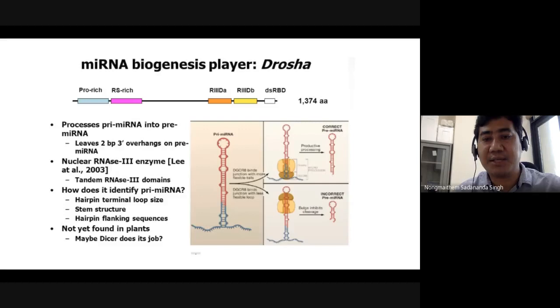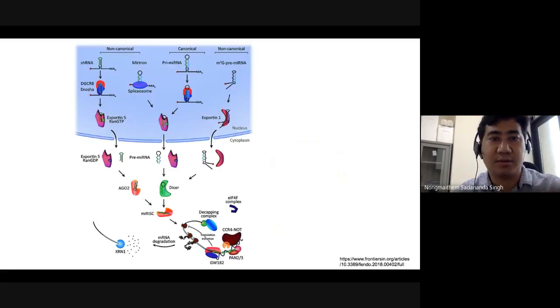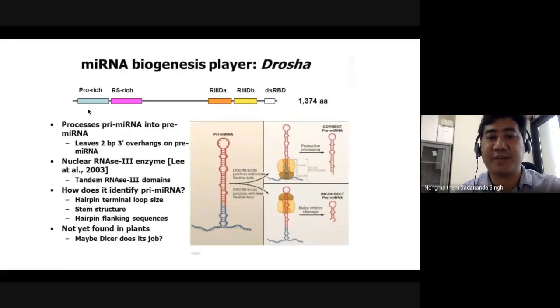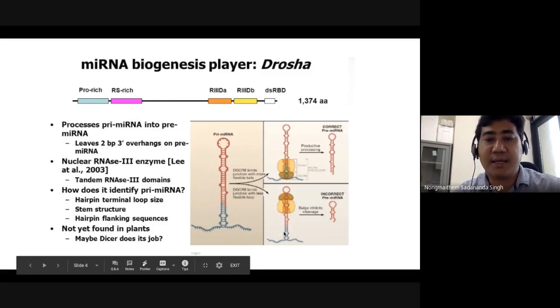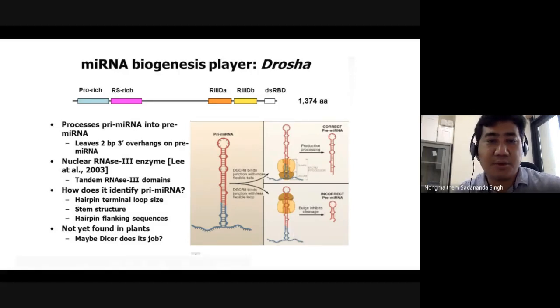Along with the factor DGCR8, which is an RNA binding protein, it comes and interacts with this kind of stem loop structure and cleaves at both the 5' as well as 3' end of the double-stranded structure, so that it gives a pre-microRNA.